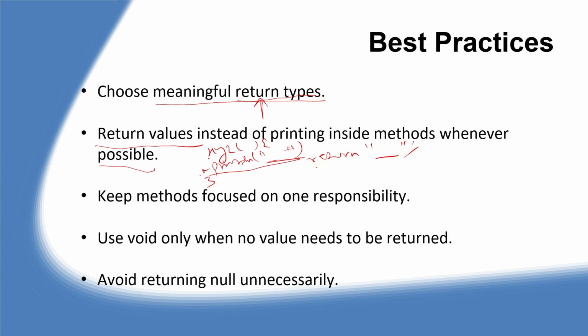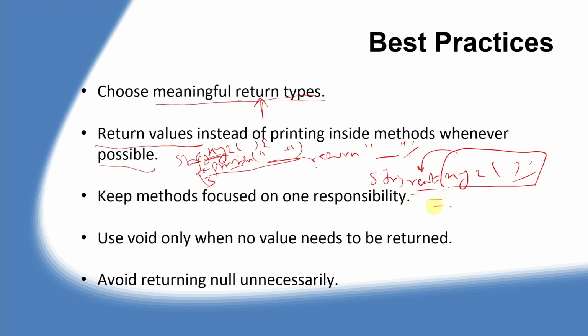And wherever we are calling this method xyz, there we will store it in a string result. We return from the method, store in the variable, and print in the main program. So we should not print inside the method, we should return.